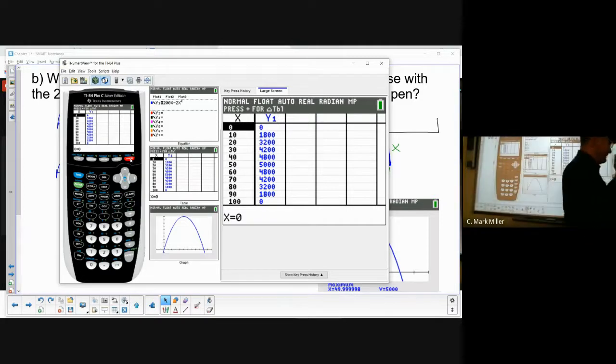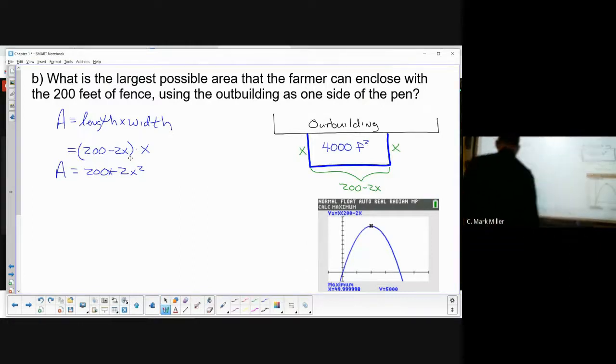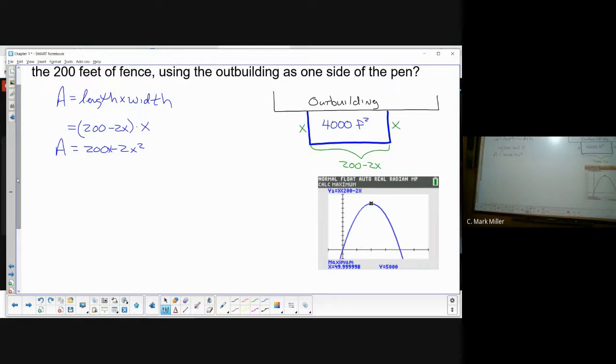Alrighty. Let's go back over here. So we wound up with 5. Now, there's probably another way to have arrived at that, right?